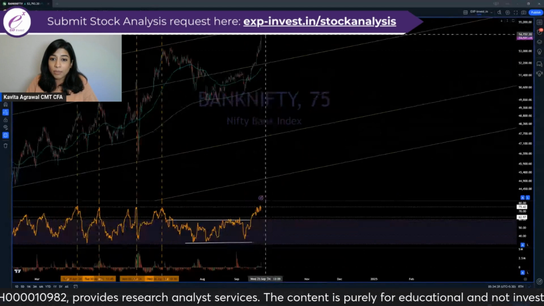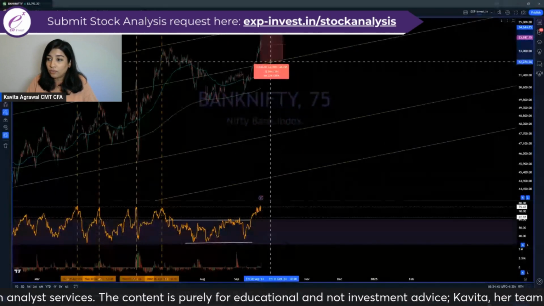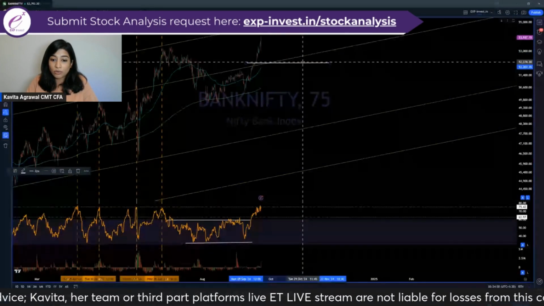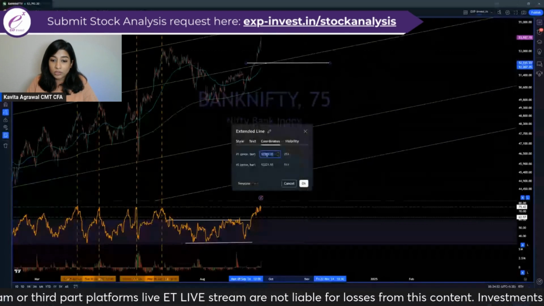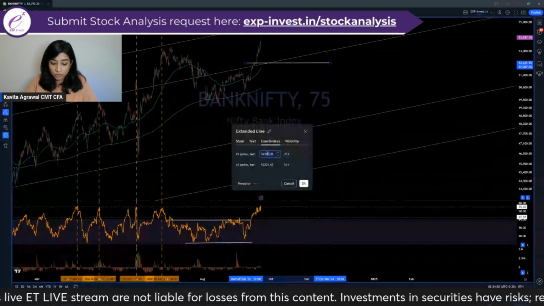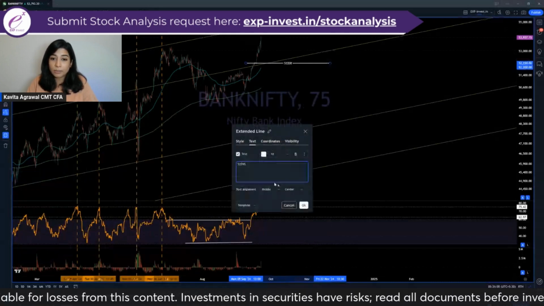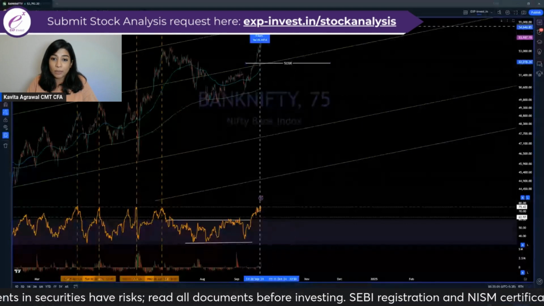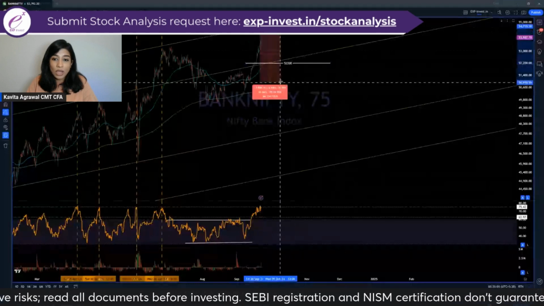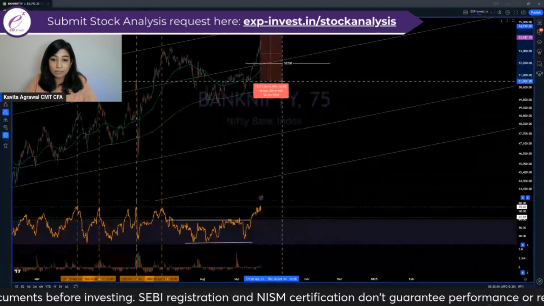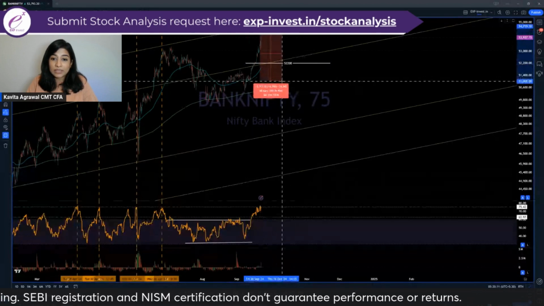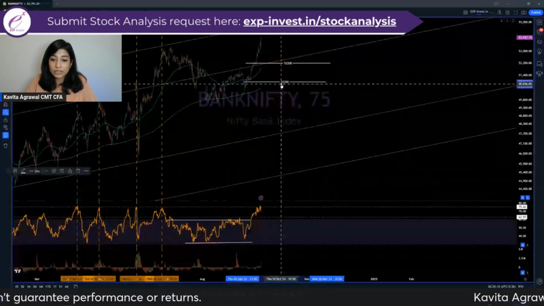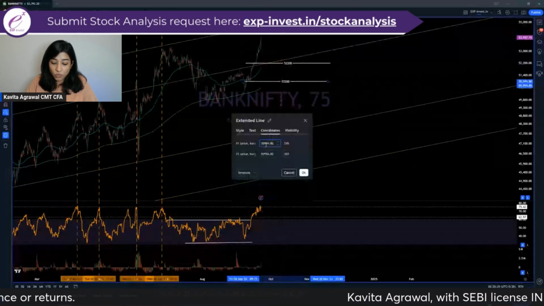So if 4-5% from here, this first trend line is around 52,300, let's draw a line to mark that. We will round it off. Okay, 52,200 we have drawn. First support and second support, how far will it come from this resistance? If even a 6% correction comes, then I would say we can expect some support to come in here. Basically I am expecting the 100 EMA to come up. So what is this level roughly? 51,000.